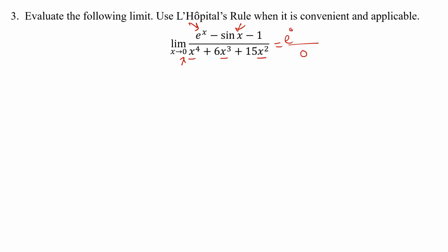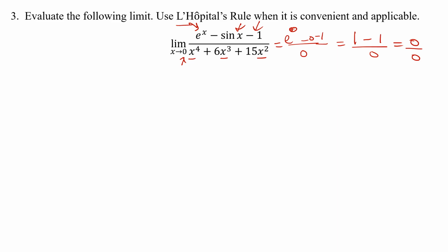Well, what do we know sine of 0 is, right? That's just 0. And then we have this 1 at the end here, that's minus 1. So put it together. We know e to the 0, well, that's just 1. And then we have this, of course, minus 0 up top, and then another minus 1. Well, what do we end up getting, right? We get 0 over 0. So again, we have an indeterminate form.